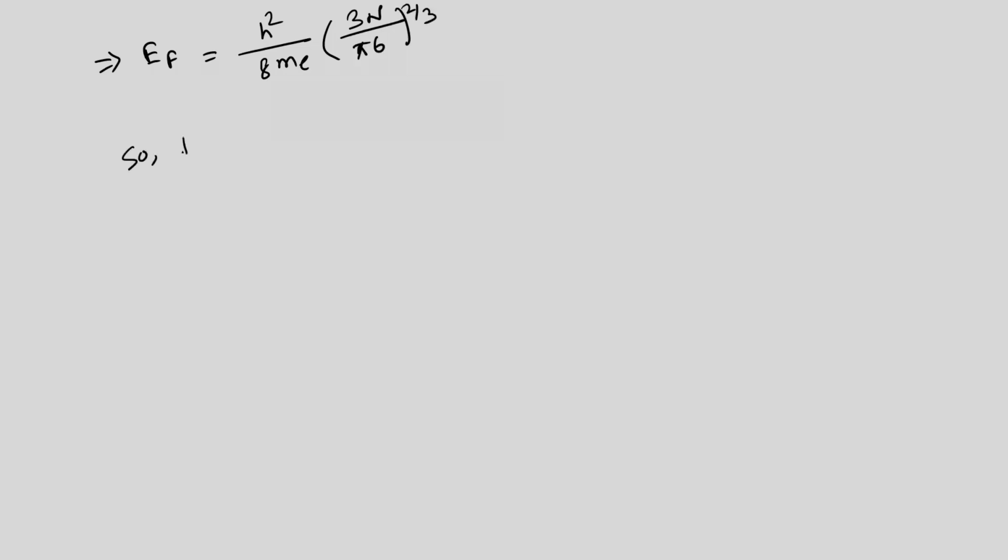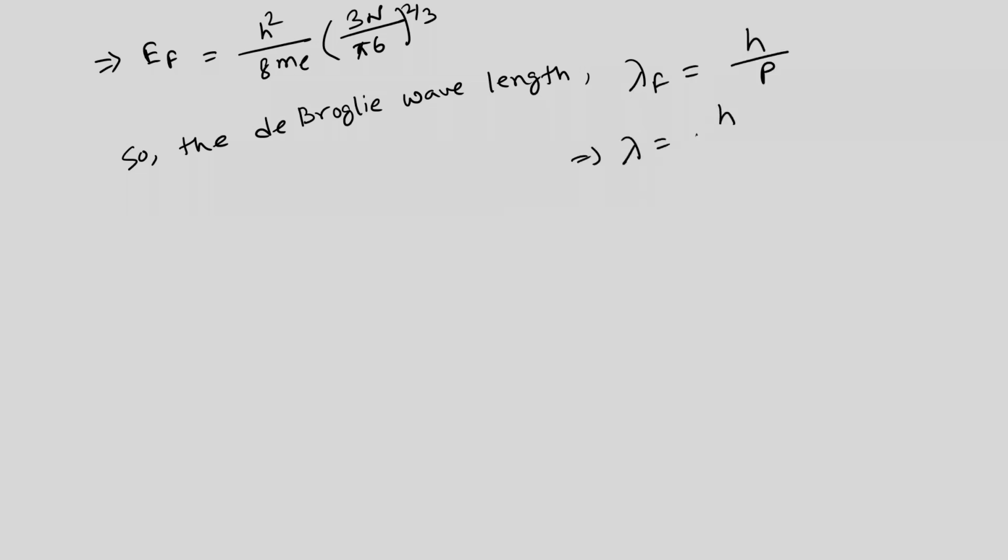So, the de Broglie wavelength lambda f is h by p. So, we get lambda f is h by root over twice m e times E f.